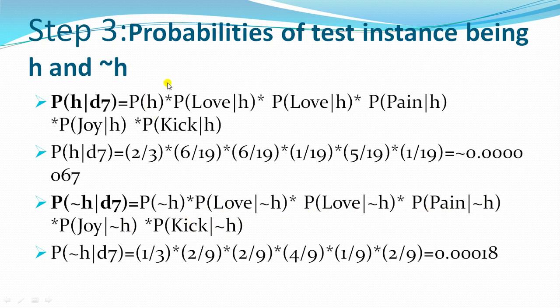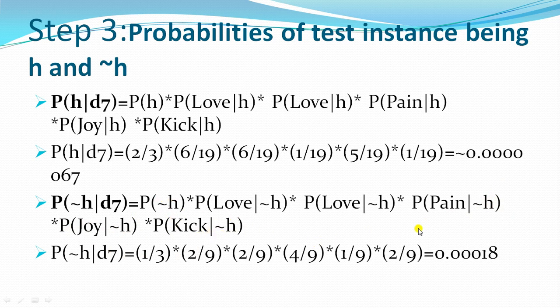That is P of negation of H into P of love for the class negation of H, two times because love appears two times in this test data. Then P of pain for the negation of H class, then P of joy for the negation of H class, then P of kick for the negation of H class.